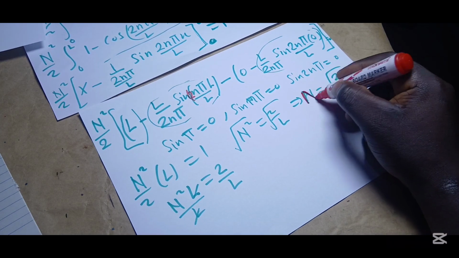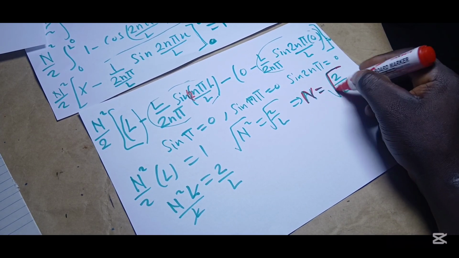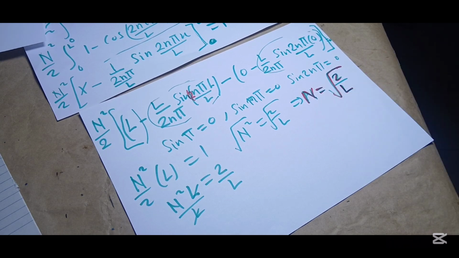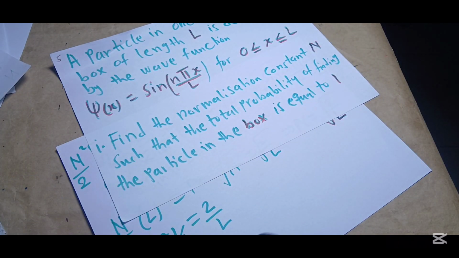Now that we are done with our normalization constant, we just multiply the wave function that was given to us by the normalization constant. And that will be our normalized wave function. This is the wave function that we are normalizing.